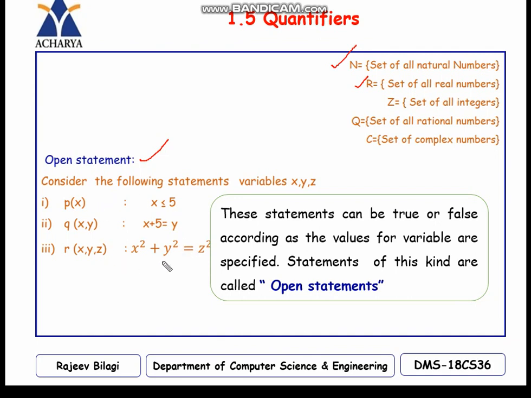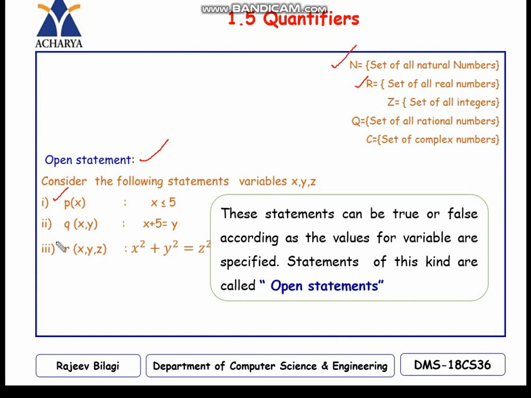Now if you look at all these three statements, p of x may be true or may be false depending on the value of x. If x is equal to 1, then p of x is true. If x is equal to 7, then it is false. Similarly with respect to q of x, y, and the third one, r of x, y, z.